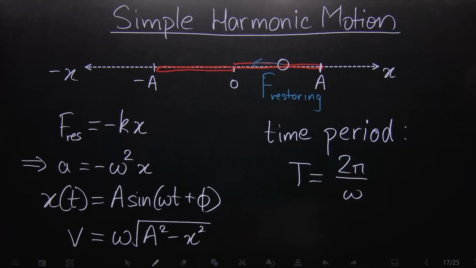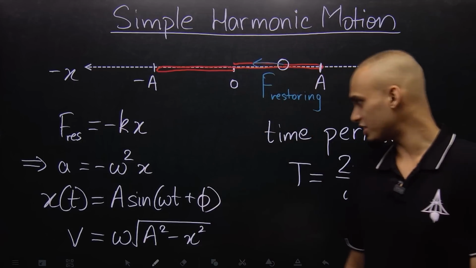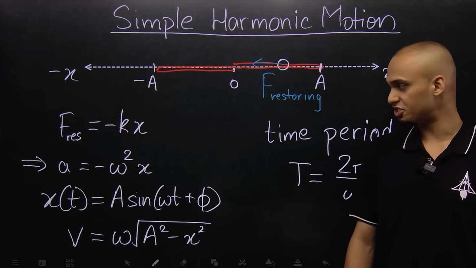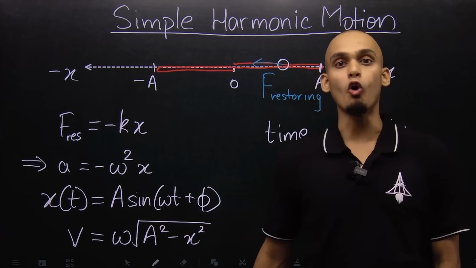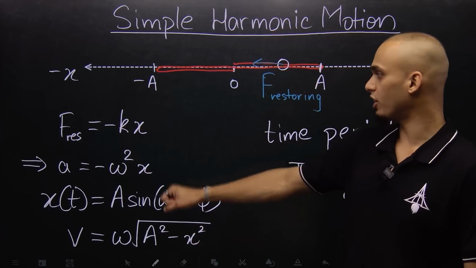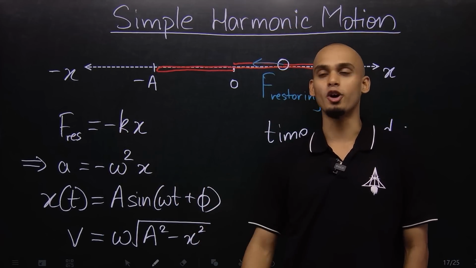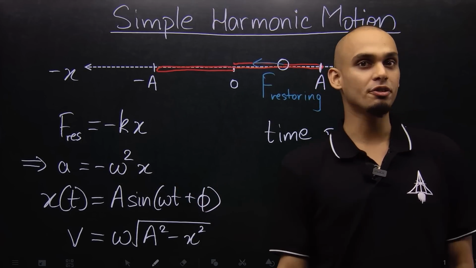Now the next topic, simple harmonic motion, is actually a very simple topic if you can remember just this one result, that acceleration of an object undergoing SHM is equal to minus omega square into x. You always have to simply write down the restoring force on the object and get it into a form where restoring force is proportional to the displacement of the object from mean position.